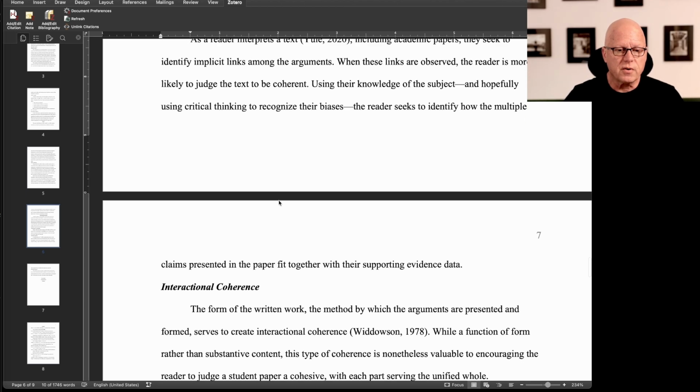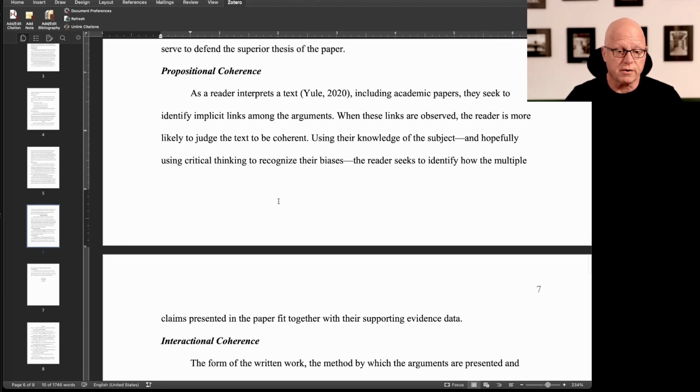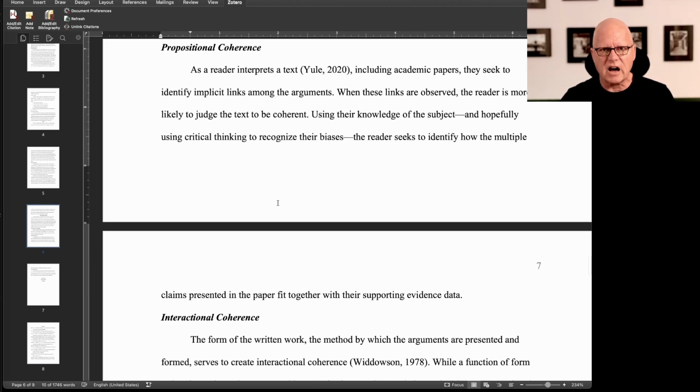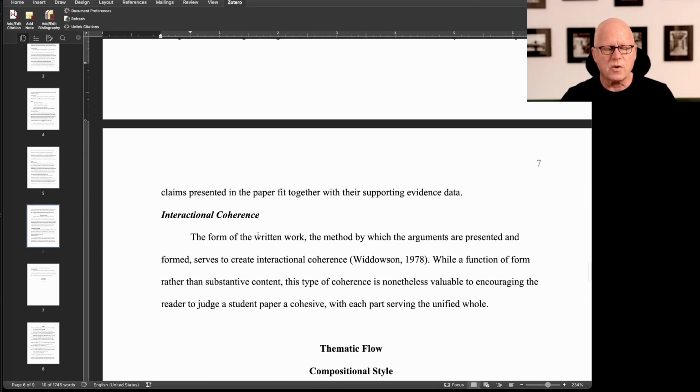But both the propositional coherence, which is the actual content of the arguments, are each of the arguments somehow related to one another by content, or are they related by form? That's the interactional coherence. Both elements are important to making a persuasive complement of arguments.